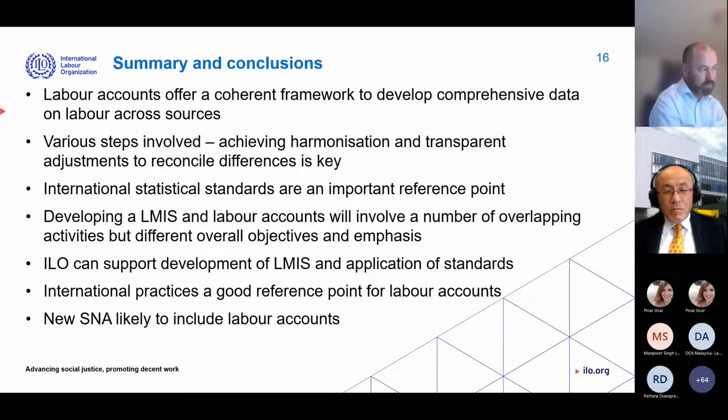The ILO offers support for the development of LMIS and the application of standards, and international practices, such as those you're now going to hear, are an excellent reference point for labor accounts. So I would invite you to pay attention and look for more detail on what countries are doing, like Australia and Malaysia. And the new SNA, it looks likely that they will include labor accounts, but the details are still under development.